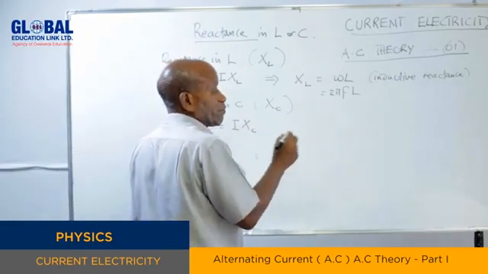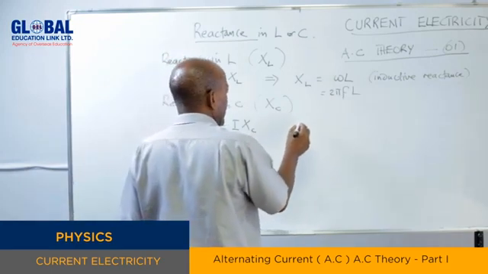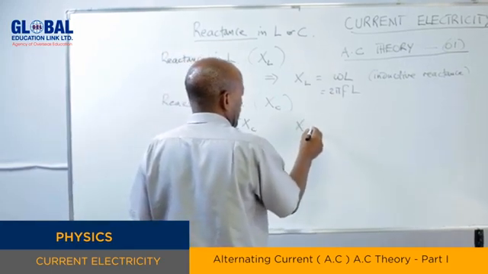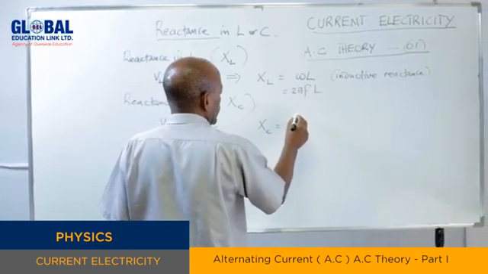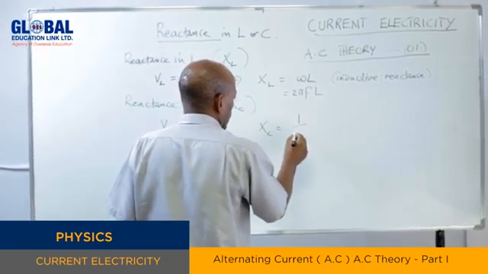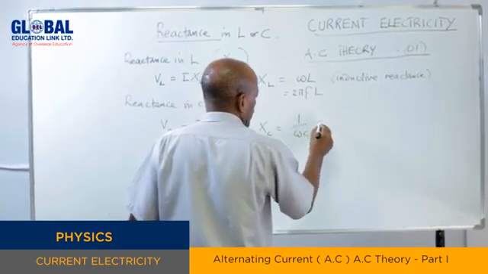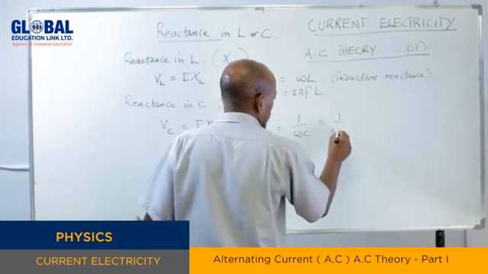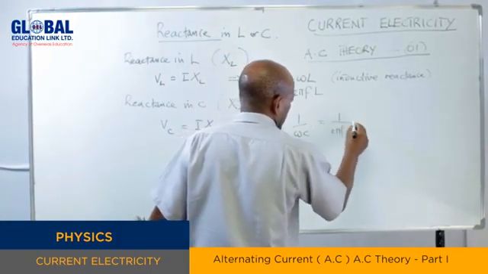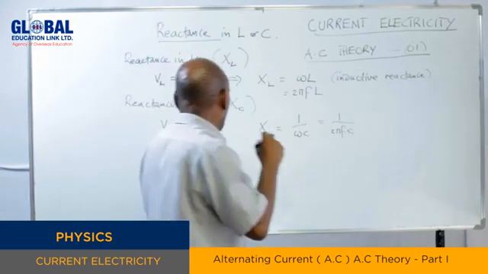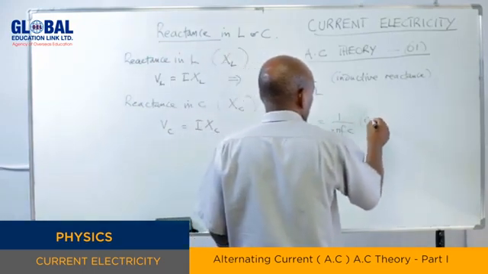From first principles, the derivation gives the capacitive reactance as 1 over omega C, or simply 1 over 2 pi f times C. So this is what we call the capacitive reactance.